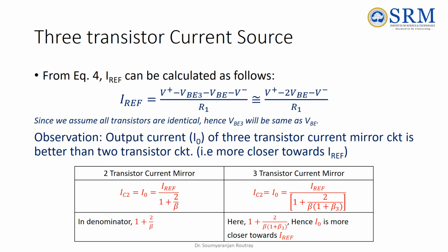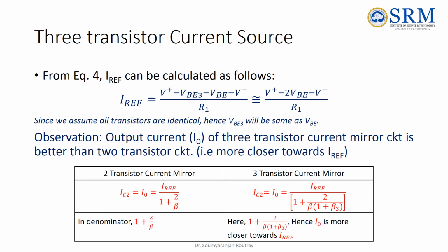This VBE is the same as VBE1 and VBE2. Since both are the same, we can write only VBE. It will be nearly equal to 2 VBE, since VBE1 is equal to VBE2 is equal to VBE3. Since all the transistors are identical, we can write 2 VBE here. So the only difference here is 2 VBE, as compared to the 2 transistor current source.